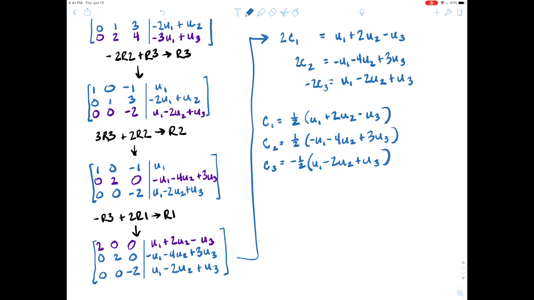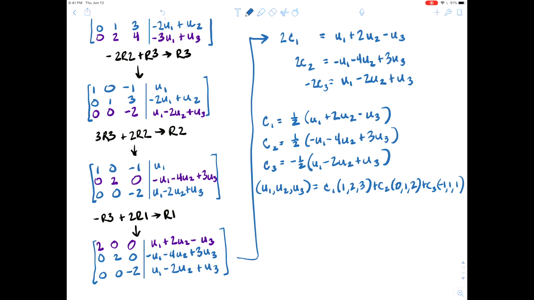Cool so far? So I know this looks really weird, but remember, here's where we were at. We were saying that we needed to have our u1, u2, u3 be equal to C1 times 1, 2, 3, plus C2 times 0, 1, 2, plus C3 times negative 1, 1, 1.